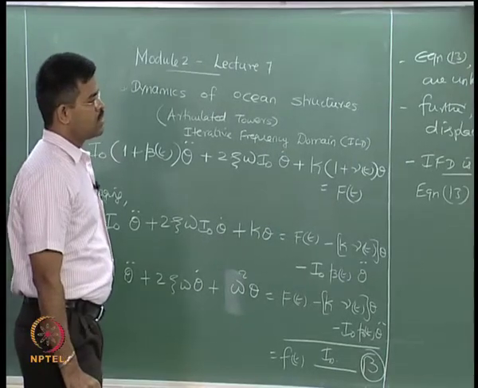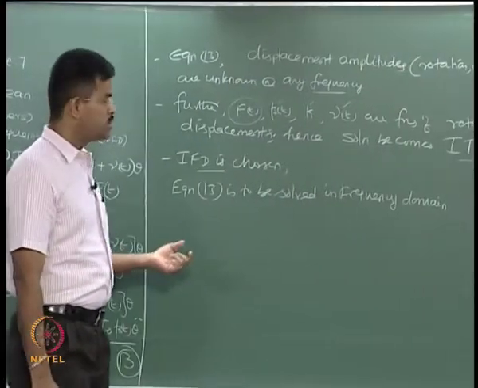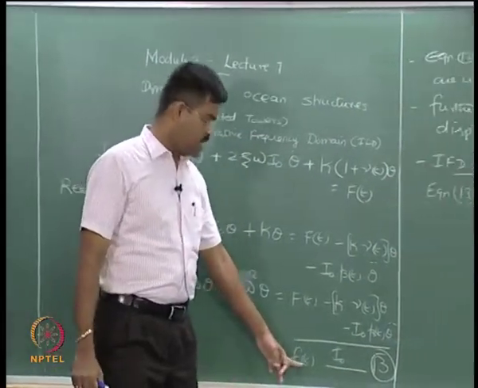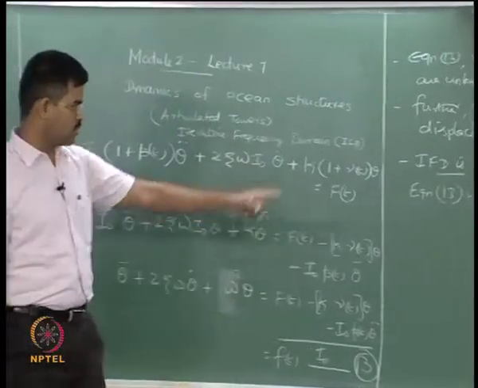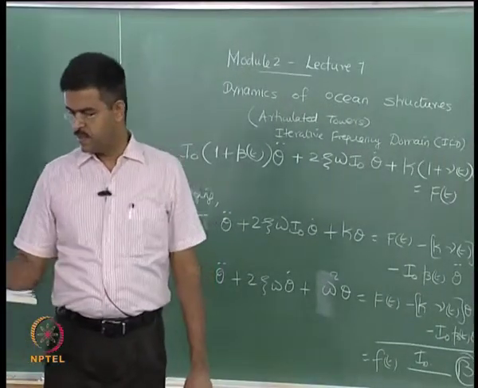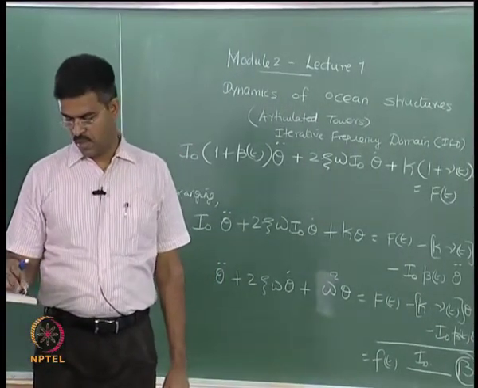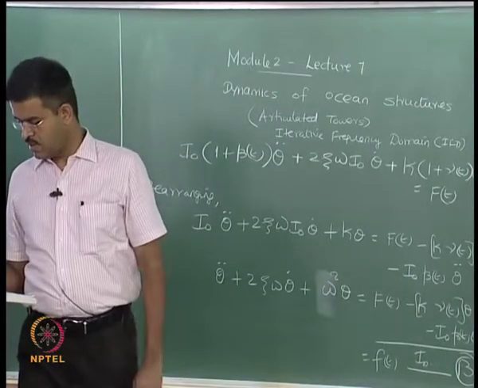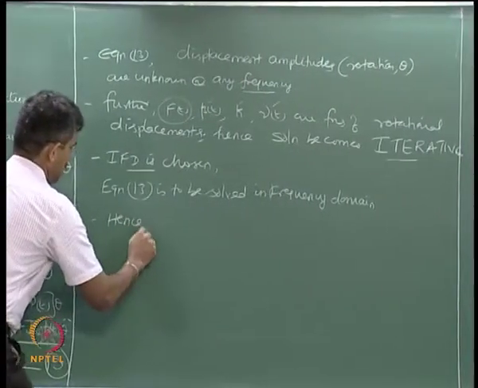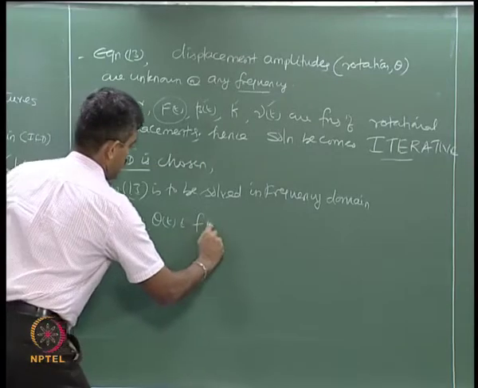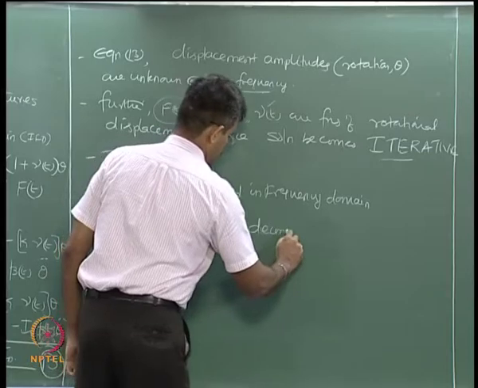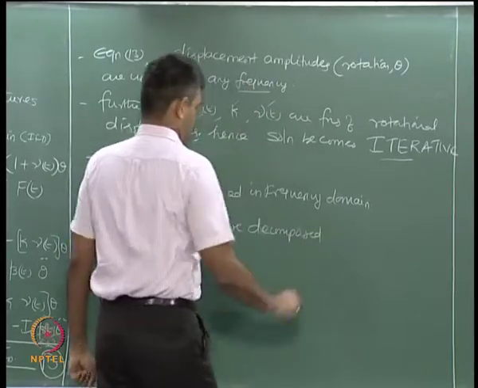The moment we agree that I must solve equation 13 in frequency domain, then I must decompose theta and f in Fourier components, because I want to look for the frequency content of the loading. Therefore, theta of t and f of t are now decomposed into Fourier components.